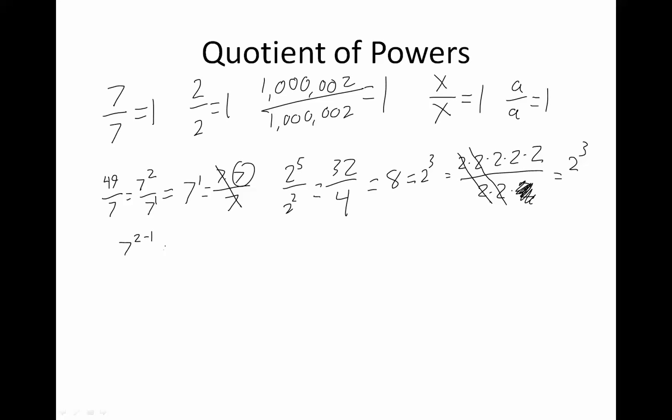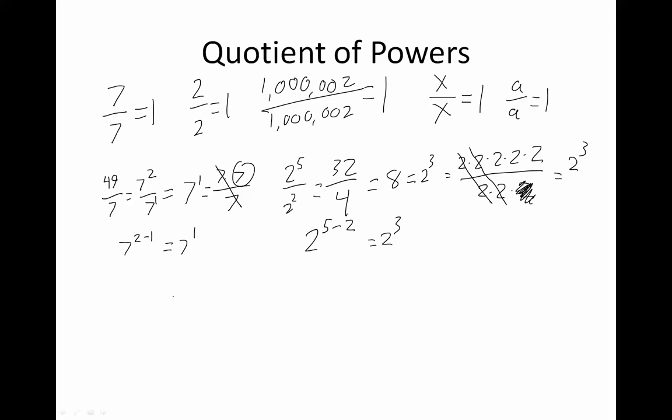7 to the 2 minus 1, you can see that this subtraction that is happening leads us to the correct answers. And it turns out that that always works, and that's a general rule for division.